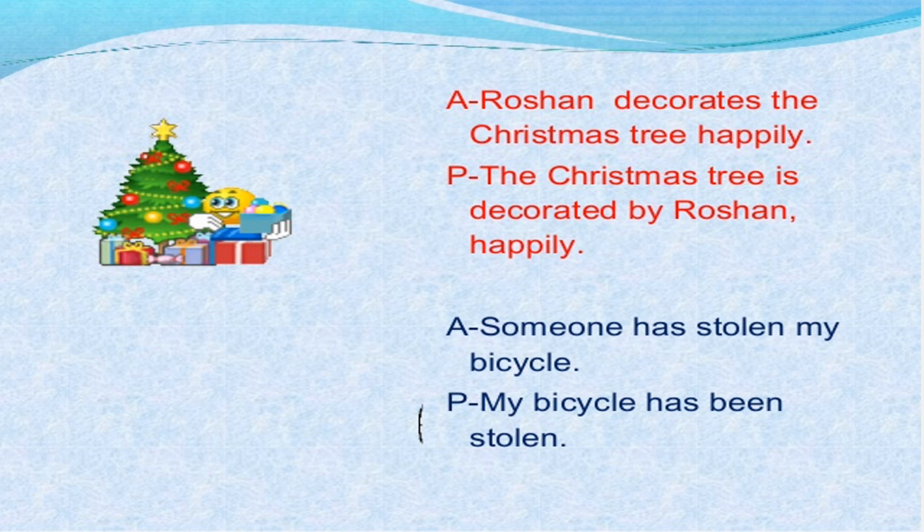Here is another example of active voice. Roshan decorates the Christmas tree happily. And in passive voice it's going to be, the Christmas tree is decorated by Roshan happily. Someone has stolen my bicycle. My bicycle was stolen by someone.